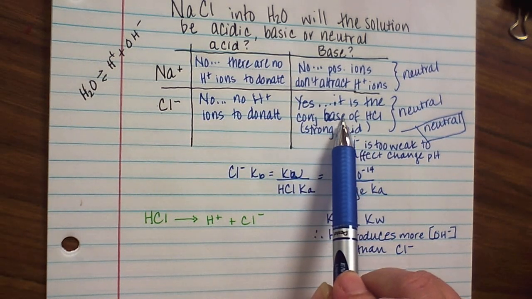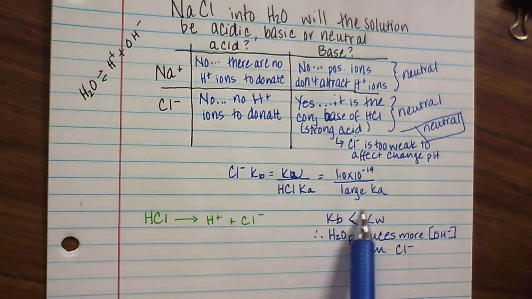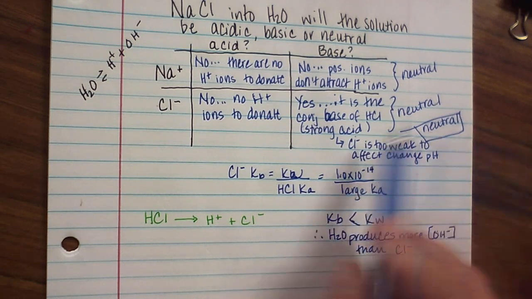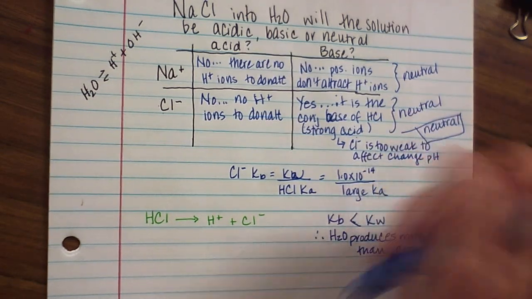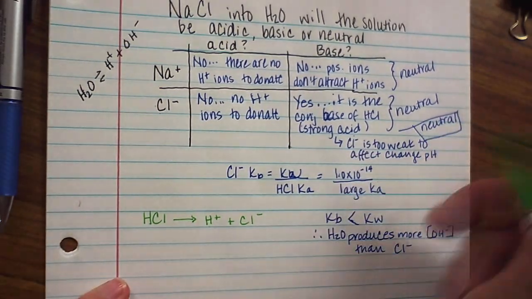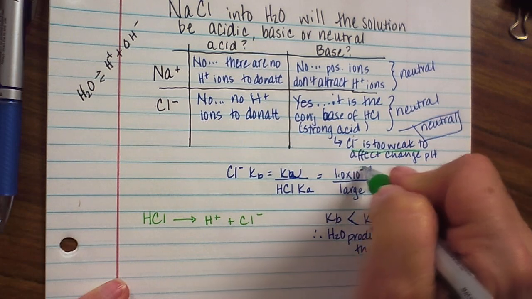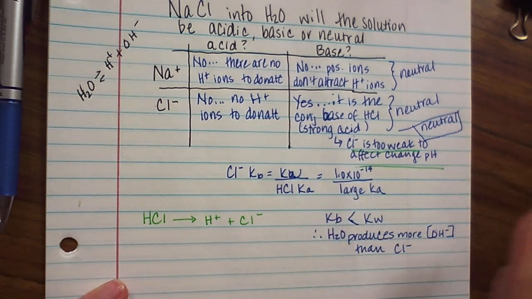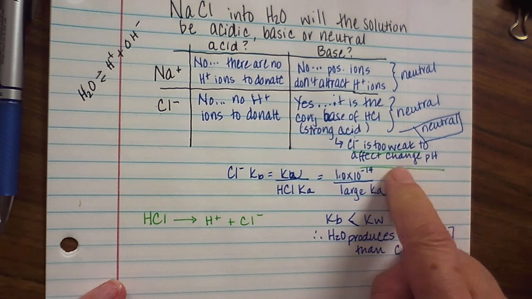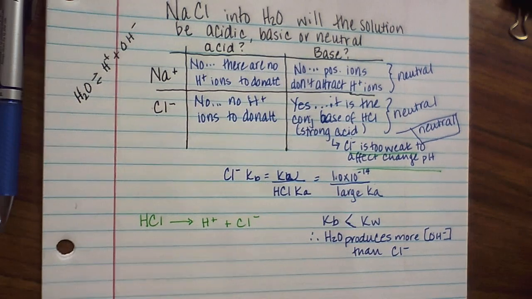And then the stronger the acid, the weaker the conjugate base, and this is always true for a strong acid, weak conjugate base. So you can always use that as your reasoning, that the conjugate base is too weak. All right, let's go on to the next one.